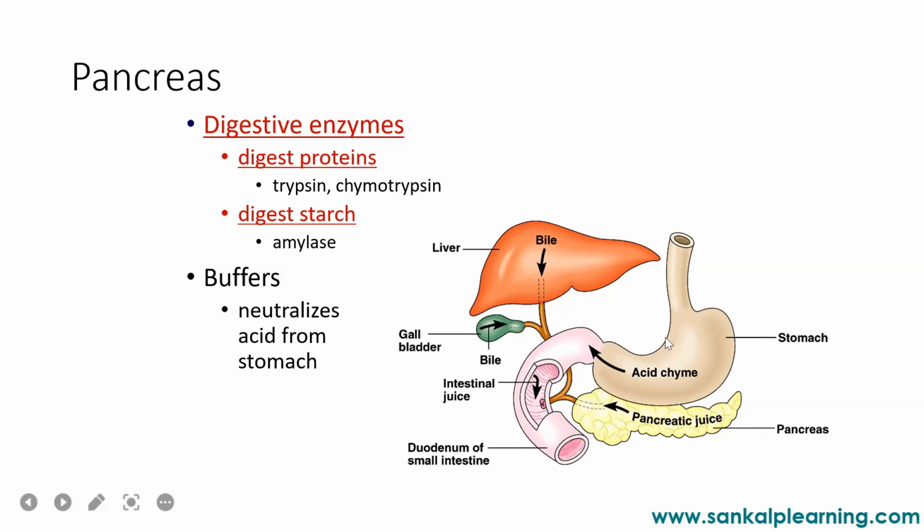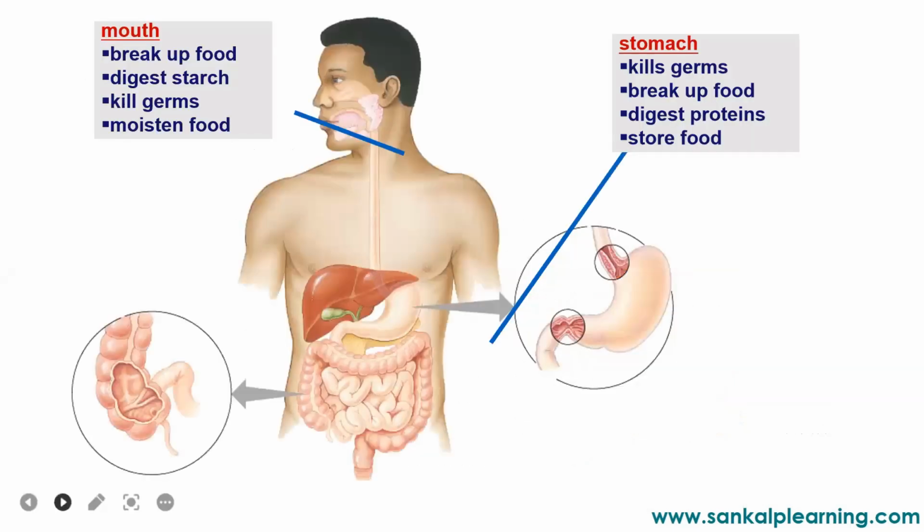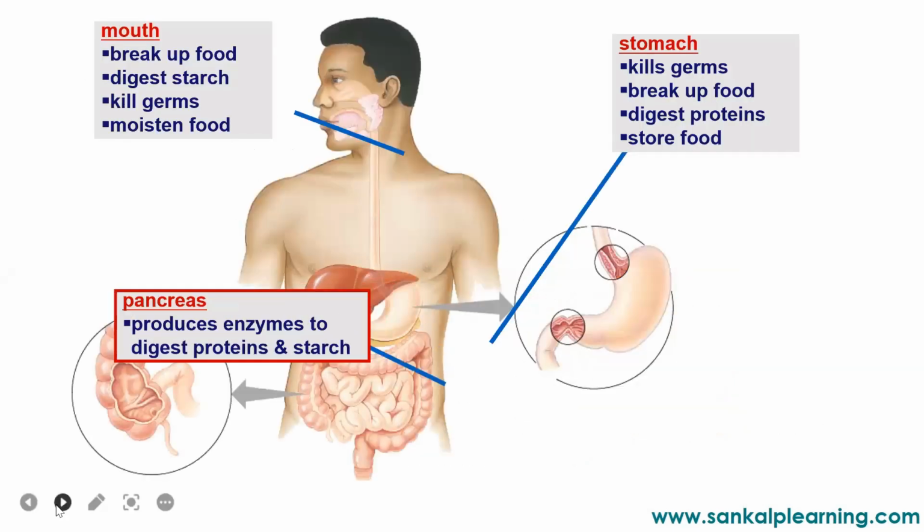And pancreatic juice also contains an enzyme called amylase, which will digest the starch. Then it also contains buffers which neutralize the acidic food iratala, so it neutralizes the acid food from the stomach. Okay, now, so here pancreas produces enzymes to digest protein and fats.